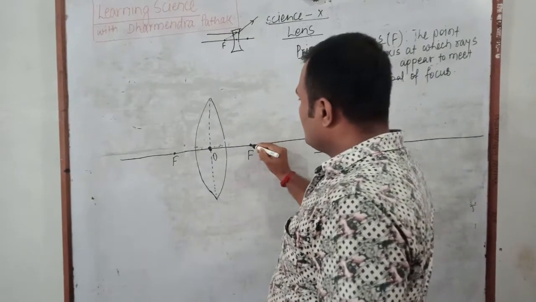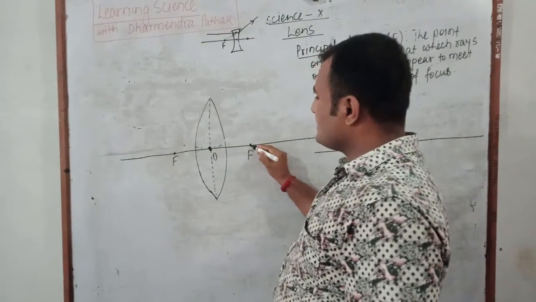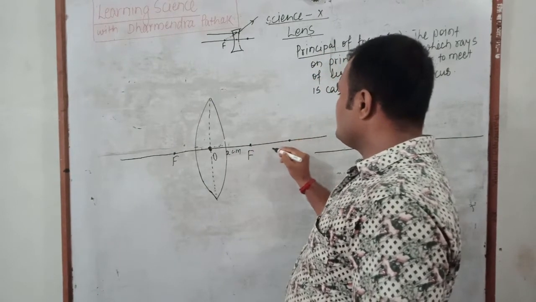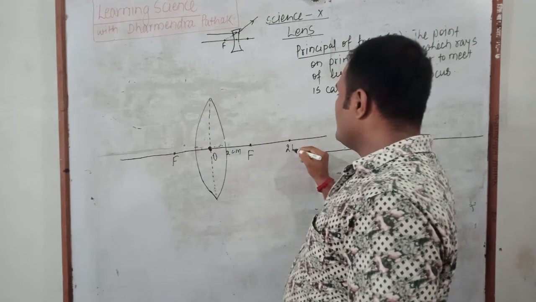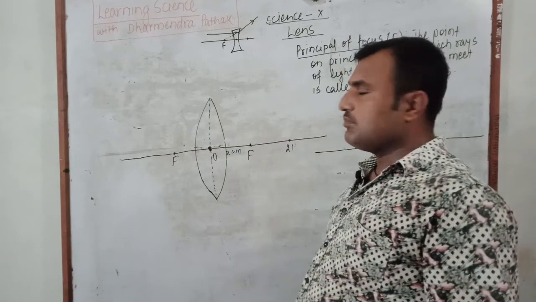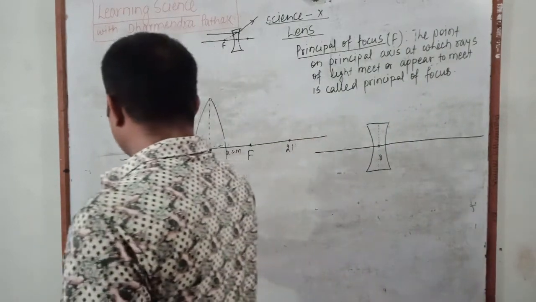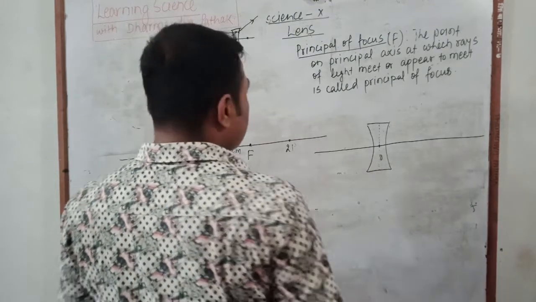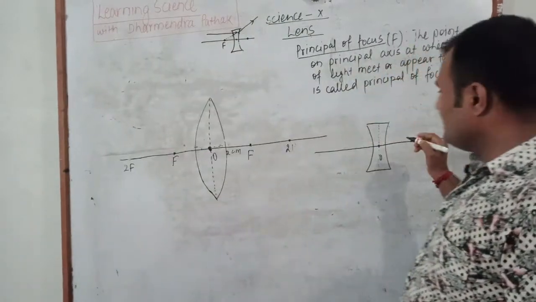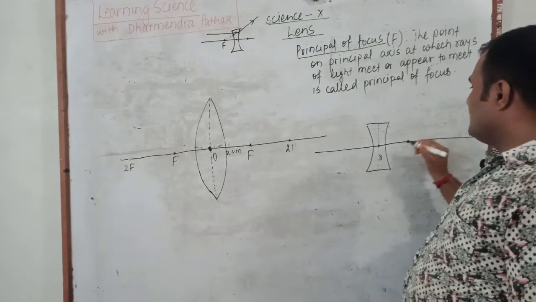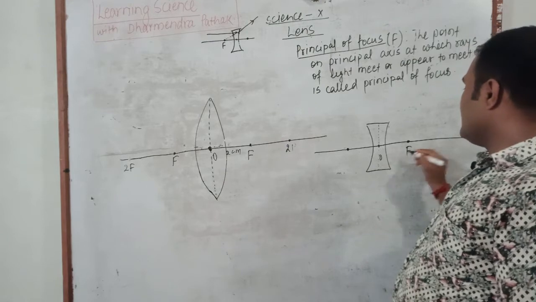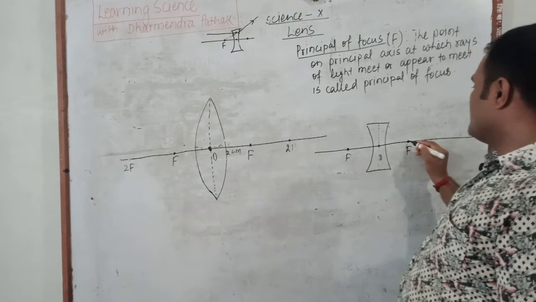And then we double that distance. Suppose it is 2 cm, then again we measure 2 cm, and that is called twice the principal focus, 2F. On both sides here we draw 2F. After that, in the same way in case of concave lens, F we draw at equal distance on both sides, it is called principal focus.